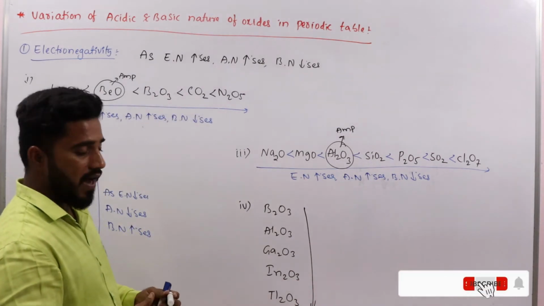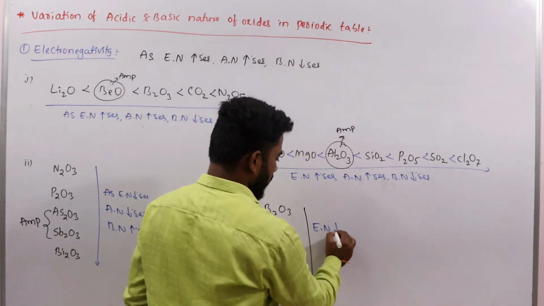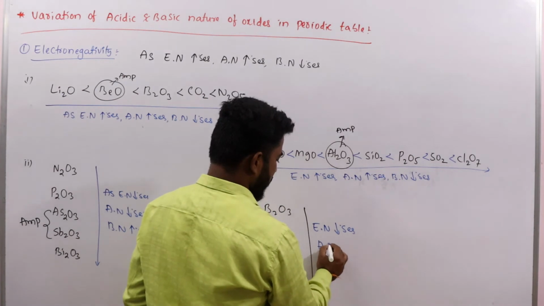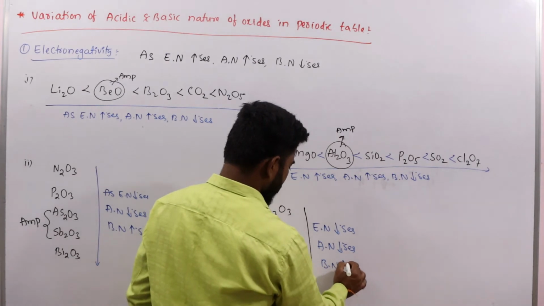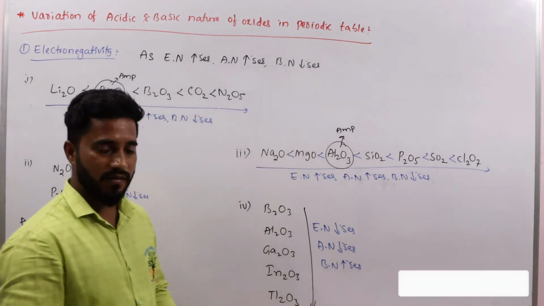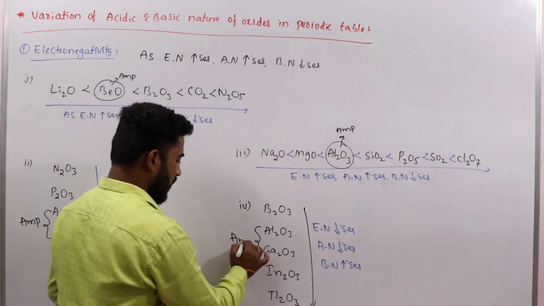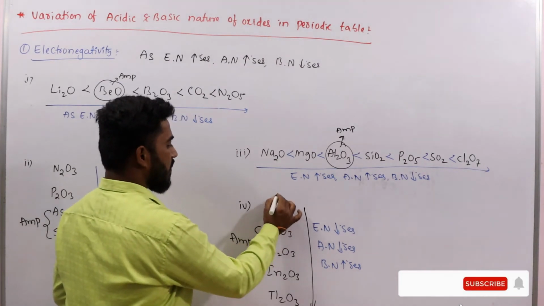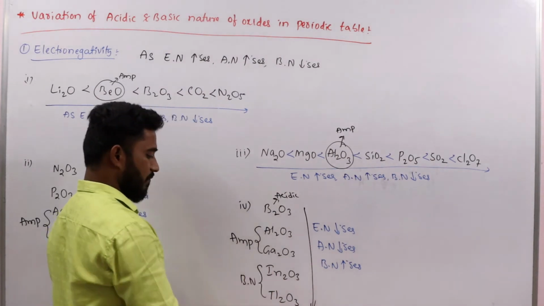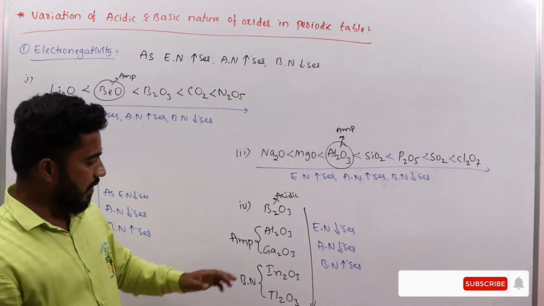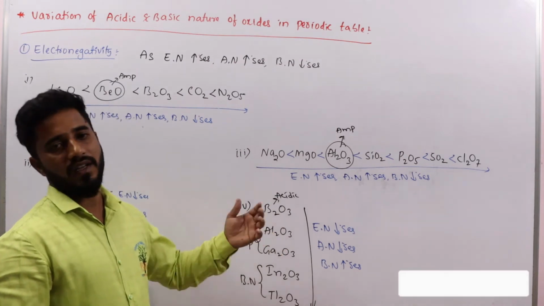As electronegativity decreases from top to bottom, acidic nature decreases and basic nature increases. We already know that aluminium and gallium oxides are amphoteric, this one is acidic, and these two are basic. So from top to bottom, electronegativity decreases, acidic nature decreases and basic nature increases.